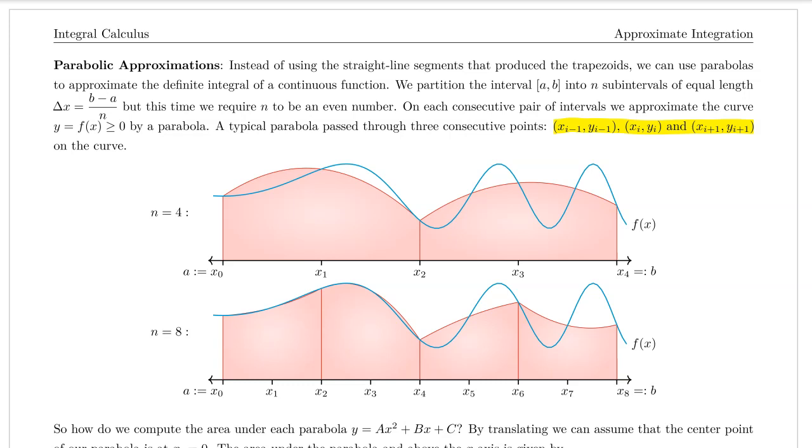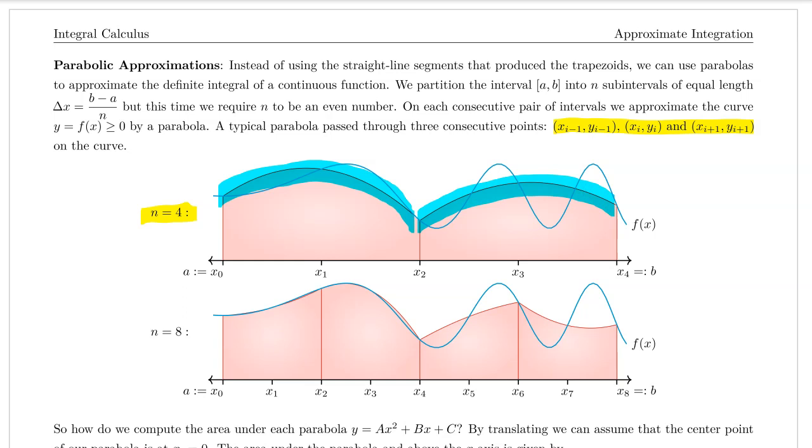So here we have some curve that we can see in blue, and in this first image, with an n value of 4, that means we're breaking up our interval into 4 subintervals, which ends up giving us 2 parabolas. One of those parabolas is here, and then another parabola is here.